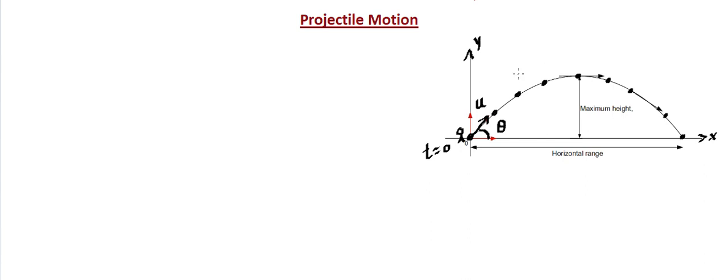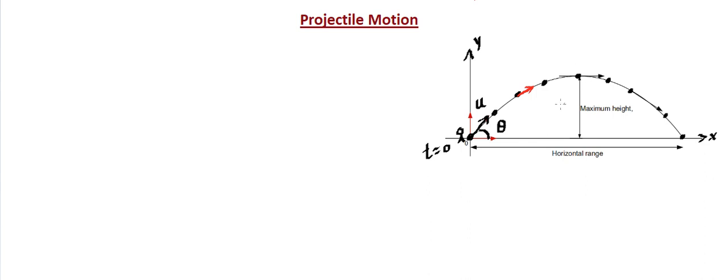This is also known as two-dimensional motion, because the particle is moving not only in the x direction but also in the y direction. As I told you, if we consider any instant of time and consider this as the velocity, then you can have two components of this velocity.